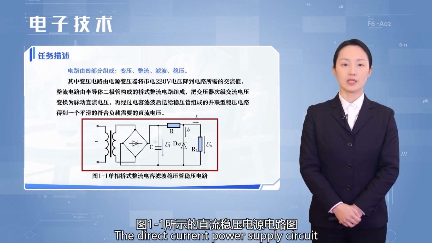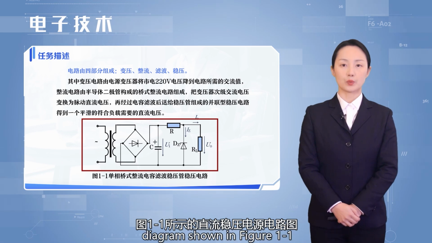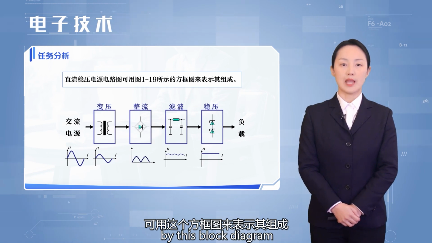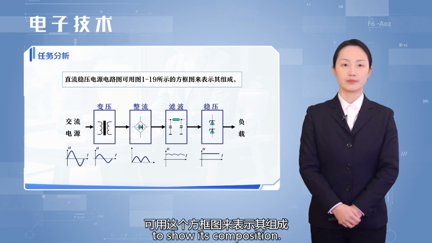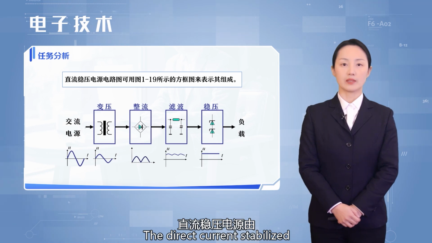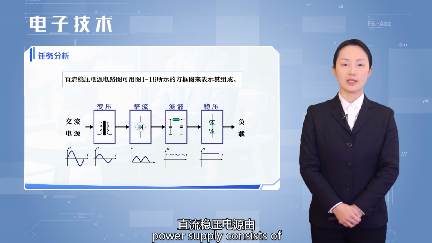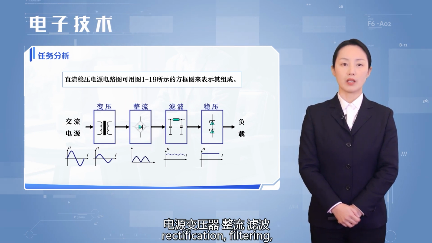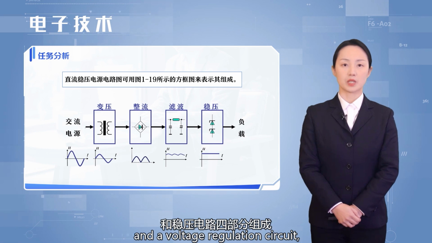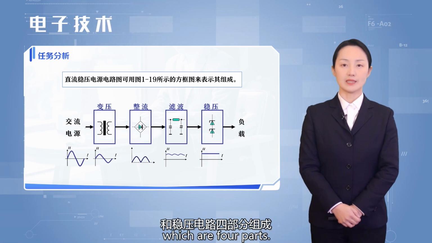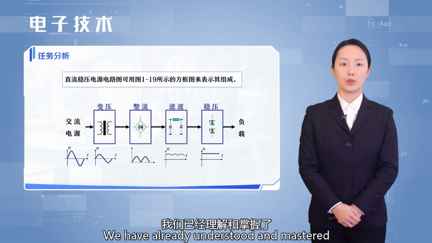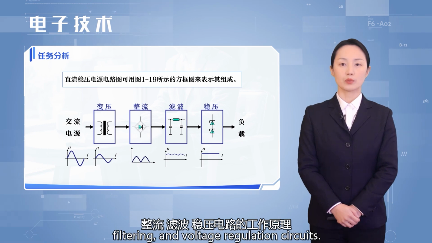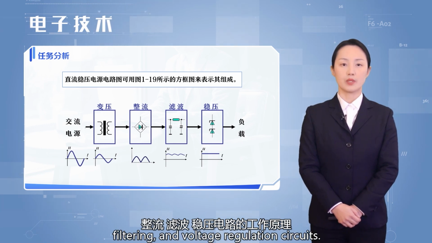The direct current power supply circuit diagram shown in Figure 121 can be represented by this block diagram to show its composition. The direct current stabilized power supply consists of a power transformer, rectification, filtering, and a voltage regulation circuit, which are 4 parts. We have already understood and mastered the working principles of rectification, filtering, and voltage regulation circuits.